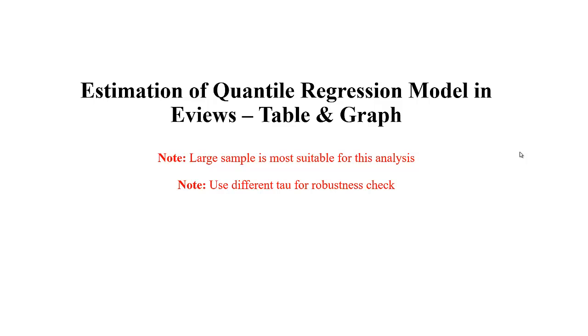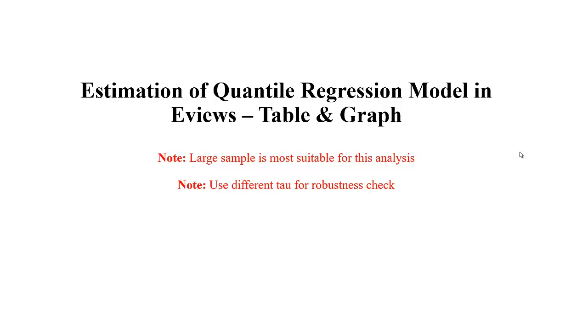And another thing I want you to take note of is that you can use the quantiles for robustness check. For instance, if your baseline model is 0.5 quantile, which is the median, then you can also estimate the model for 0.4 quantile, then 0.6 quantile.